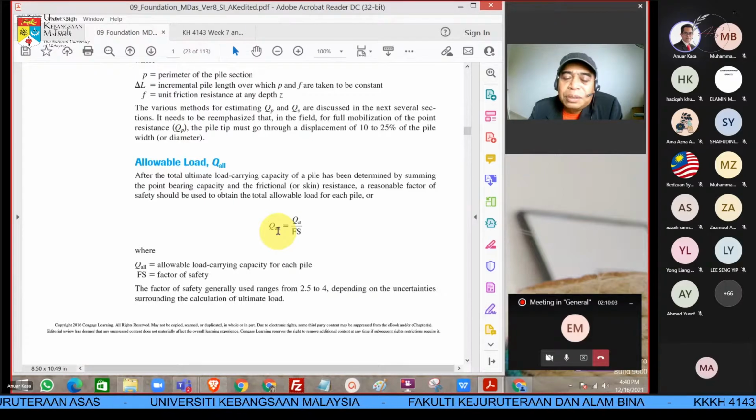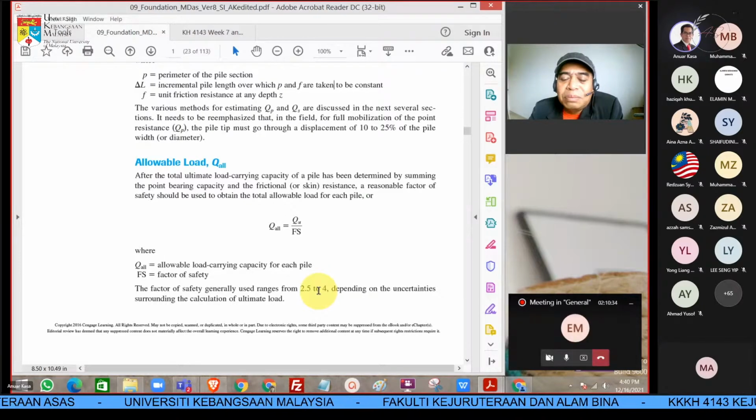As you know, factor of safety is normally from 2 to 4, meaning that if the pile can take 100 kilonewton, in practice we apply a structural load of less than 50, maybe 100 divided by 2.5 or 4.